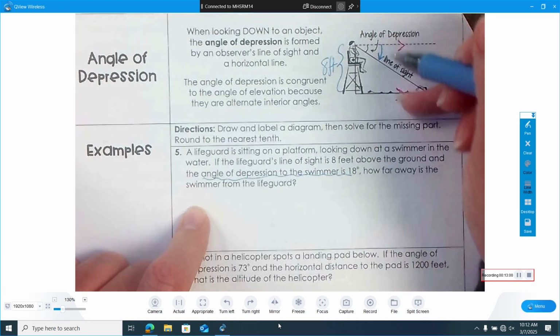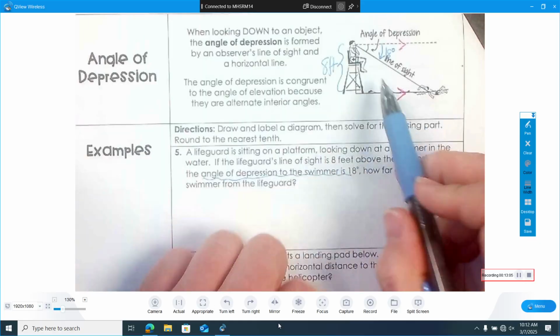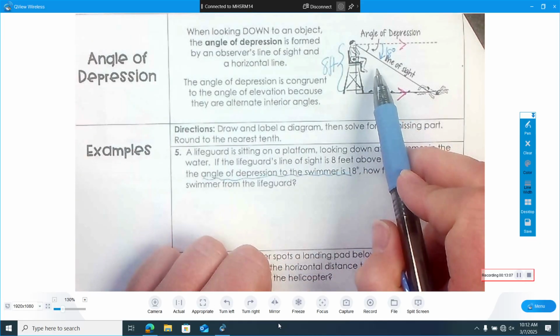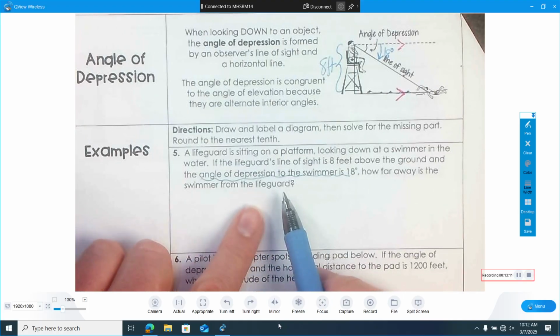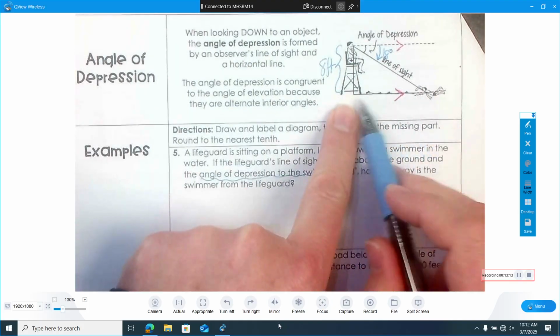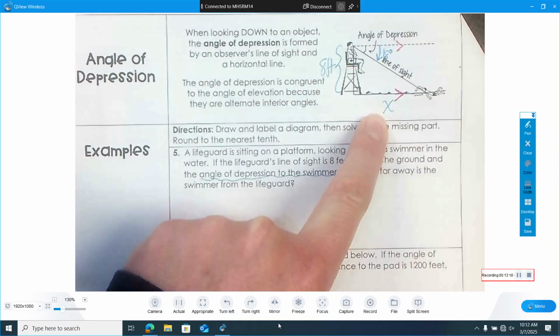From horizontal, he's having to look down 18 degrees. How far away is the swimmer from the lifeguard? We want to know how far away that swimmer is from his tower. We're trying to find that distance x.